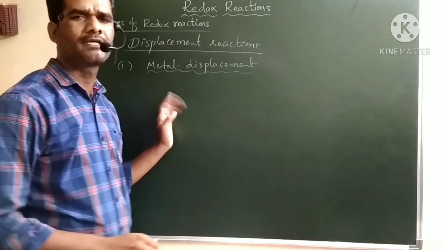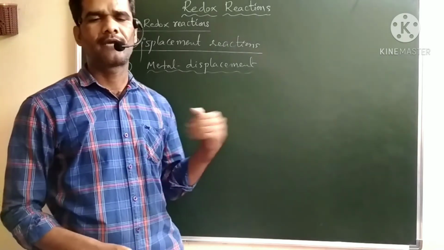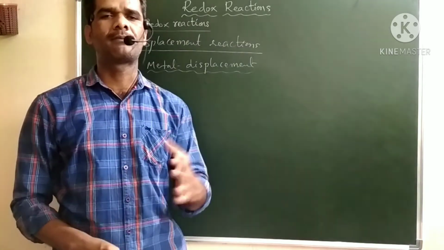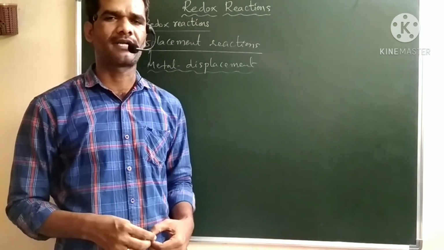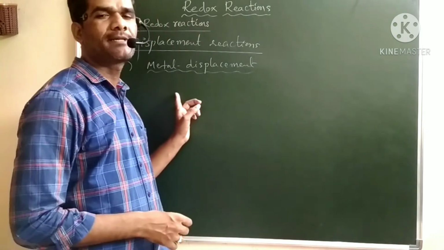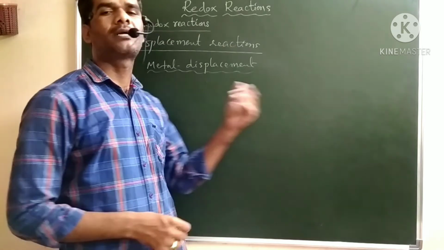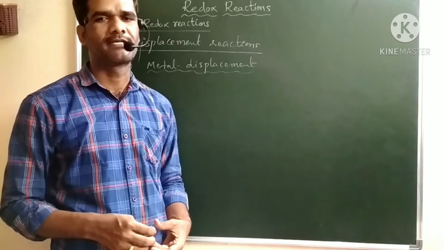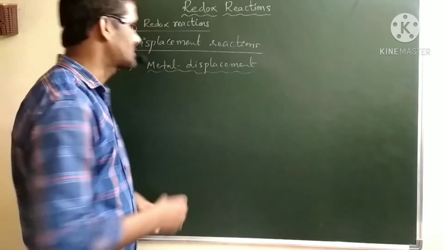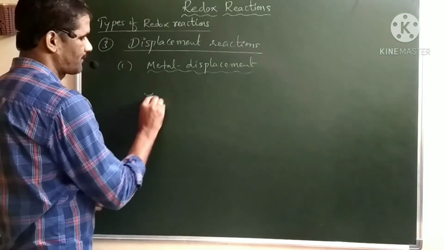What is the meaning of displacement reaction? If one element displaces other elements from its compounds, then we can call that a displacement reaction. Here, if a metal displaces the other metal from its compound, then we can call that reaction a metal displacement reaction. Let us take an example here.